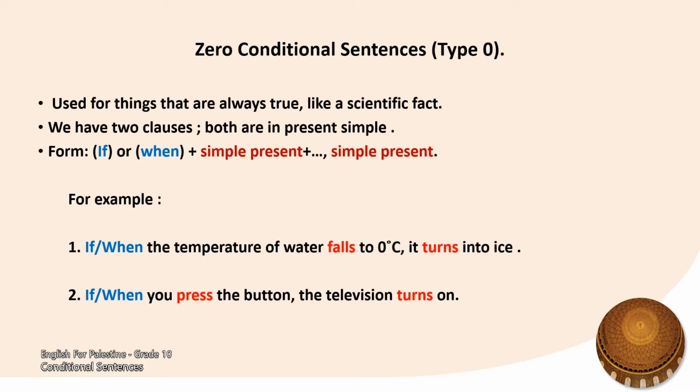The form of 0 conditional type is if or when plus present simple. The other clause also is present simple. For example, if or when the temperature of water falls to 0 Celsius, it turns into ice.